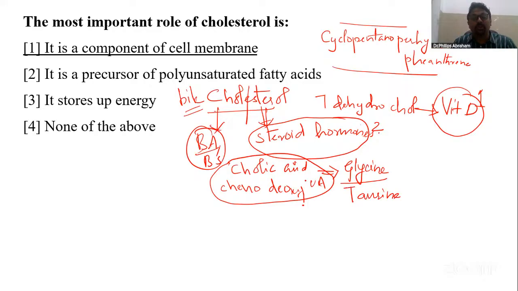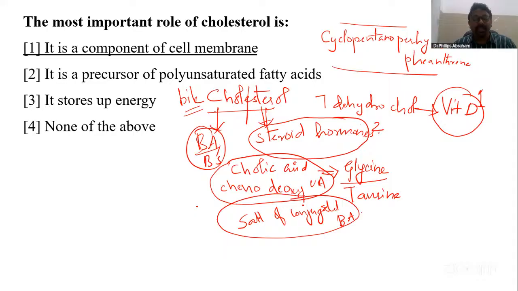Taurine, we call it taurocholic acid. In the same way, glycochenodeoxycholic acid and taurochenodeoxycholic acid. These are conjugated bile acids. Salt of conjugated bile acid is called bile salt.